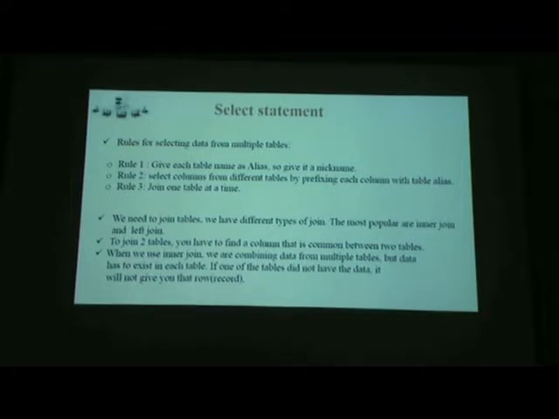So, for example, if you have a student table, a courses table, a dorm table, and a dorm student table. The dorm table will have the dorm ID and the dorm name, and dorm student will have the student ID and in which dorm they live.